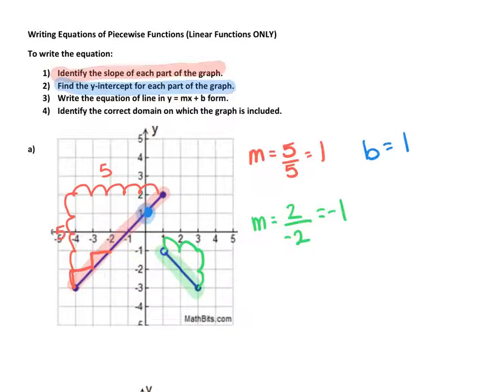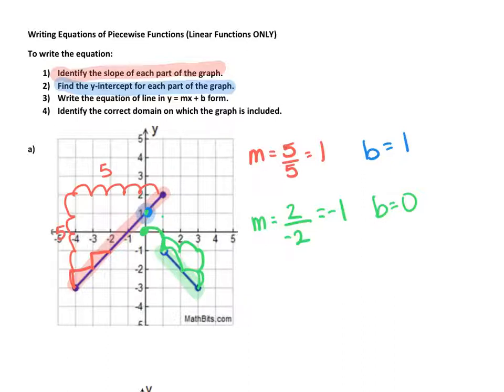If we continue the other graph on, with a slope of up 1 over 1, we see that our y-intercept there is going to be at 0.